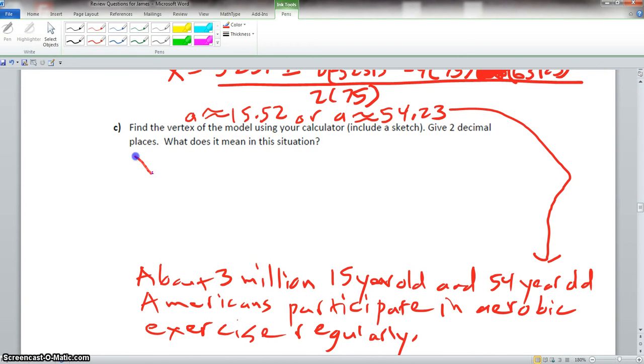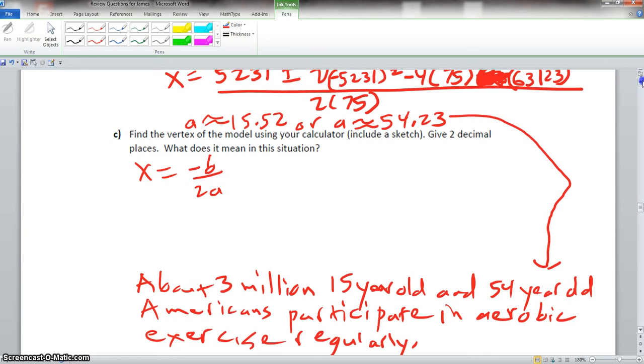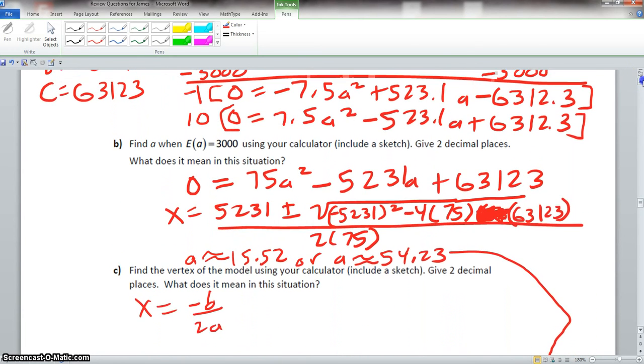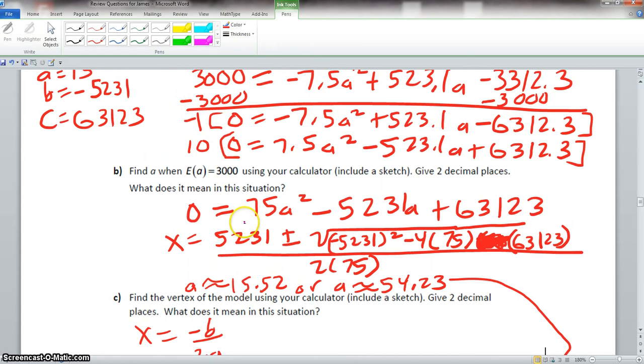Now we know the vertex is x is equal to negative b over 2a. The first thing we need to do is to go up here. Remember, we had our a and b. Our b was a negative, so we'll take the opposite of a negative, 5,231. And our a was 75.